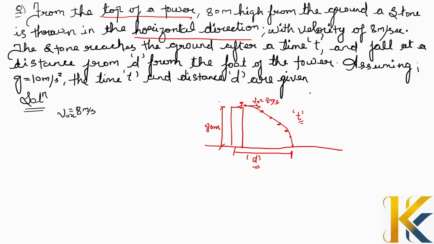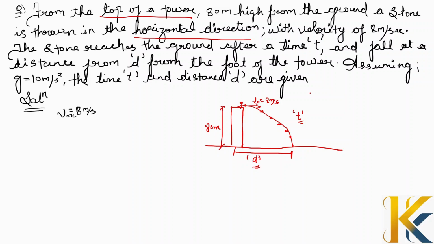Now let us analyze here. When we're talking about velocity, here velocity is a horizontal vector, that means a vector in x direction. It is not making any angle with the horizontal. It is making an angle of 0 degree.